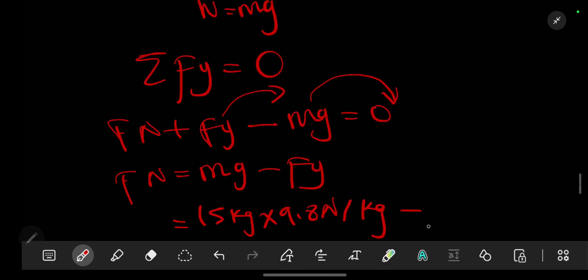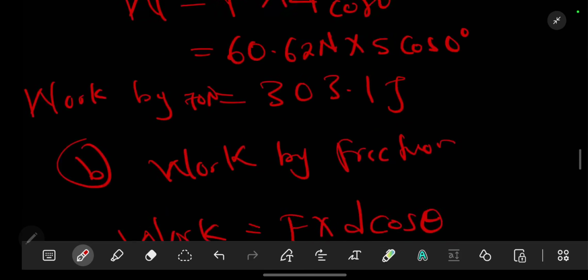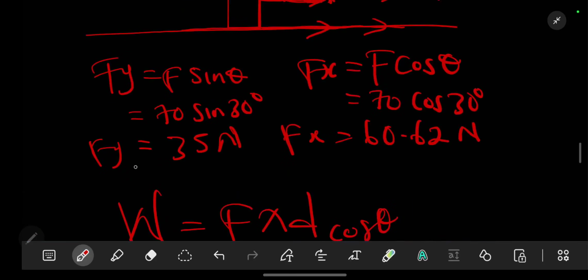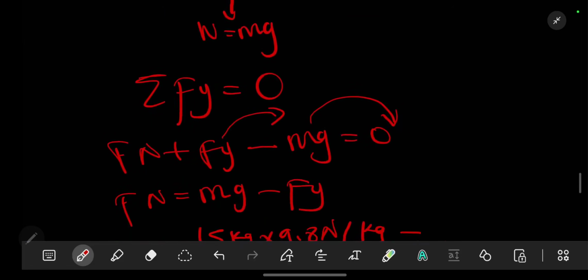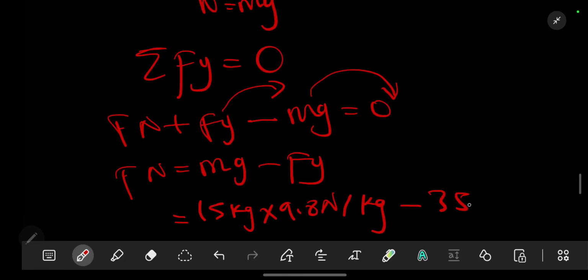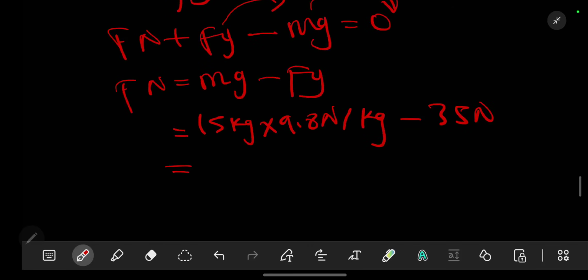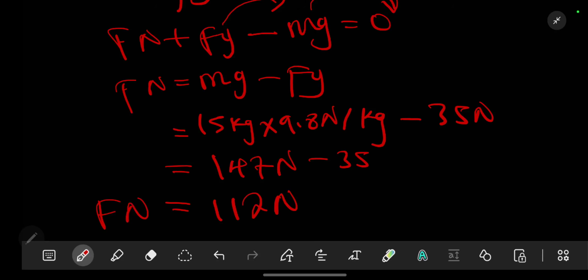We calculated this force in the y to be 35. So 15 times 9.8 gives us 147 newtons, minus 35, which gives us 112 newtons. So this is the normal force.